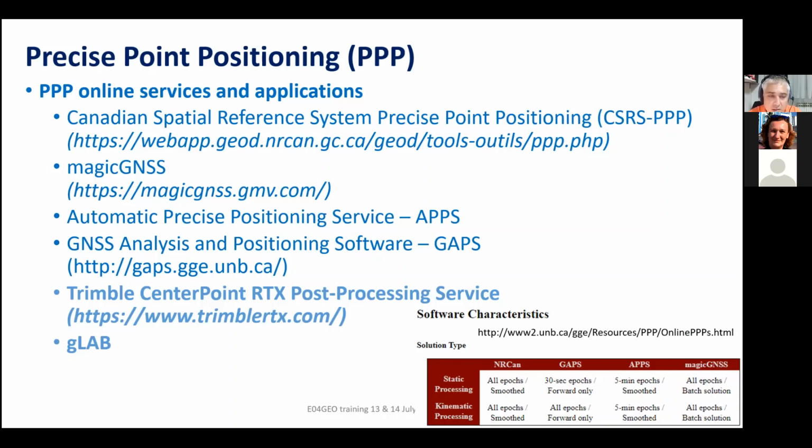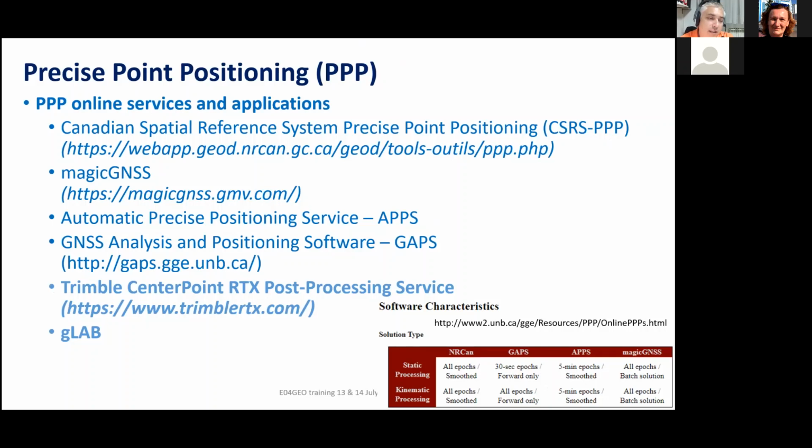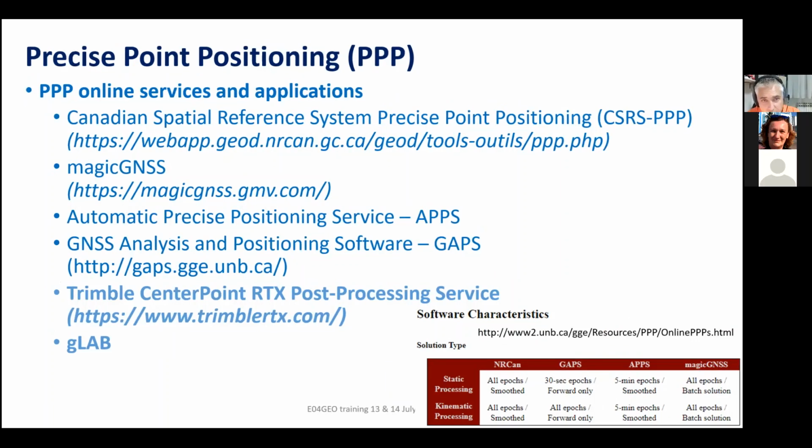And there is also a service that will be explained in much more detail and has been used in the case study. And of course, there is an example of an application providing a PPP solution, and it is GLab. There's RTKLIB and a number of different applications providing PPP solutions.